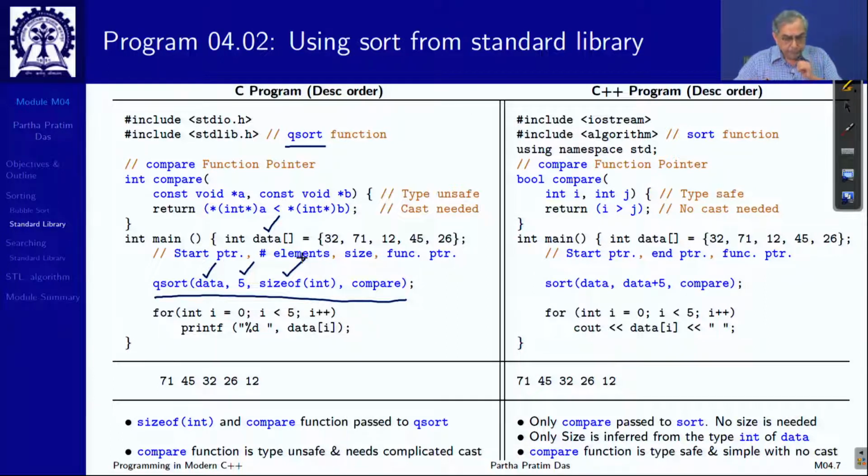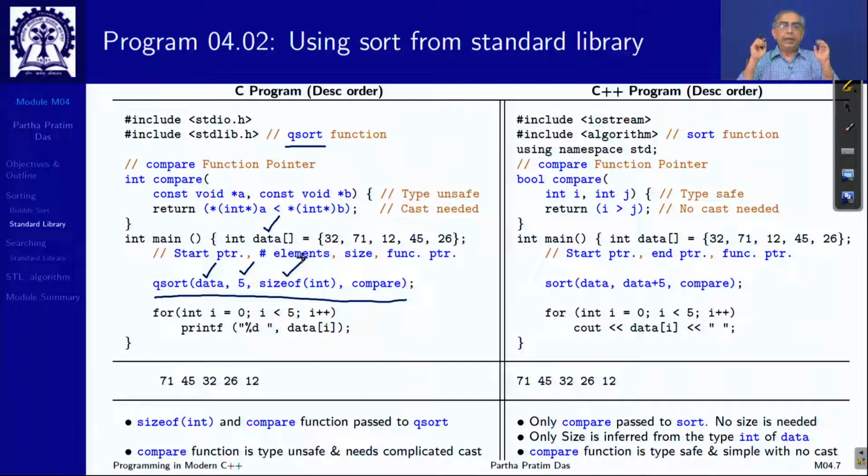Okay. Having said that, the final question is, to be able to sort, you should be able to compare 2 elements. Now, when it is integer, you know how to compare, there is a comparison operator. When it is say double, you know what the comparison operator is.